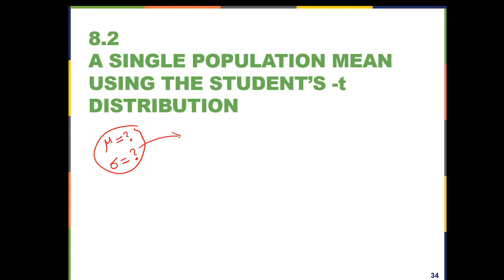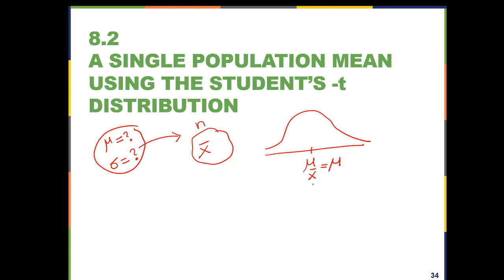So if you take samples of a certain size, and then find x bar, well, then the distribution of x bars here will be, the mean of it will be the same as mu, but what is the standard deviation? Well, the standard deviation over square root of n, but we don't have the standard deviation of the population.